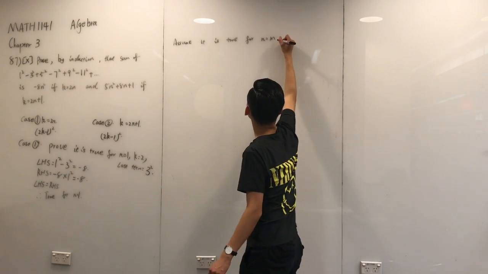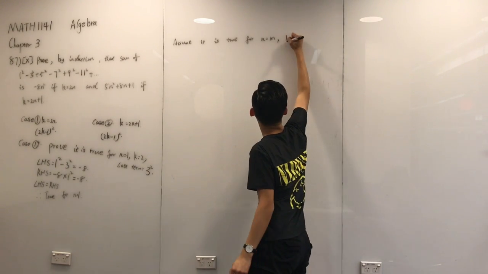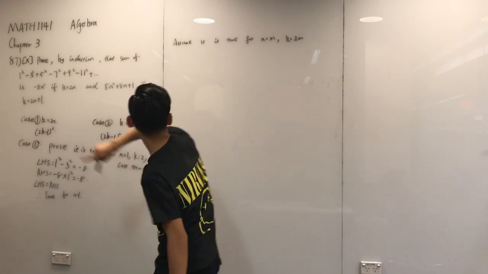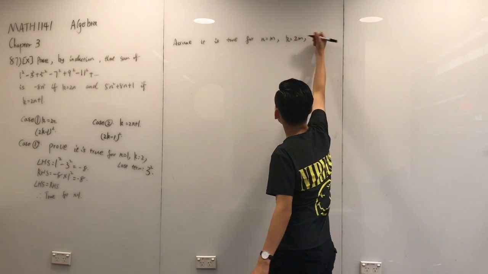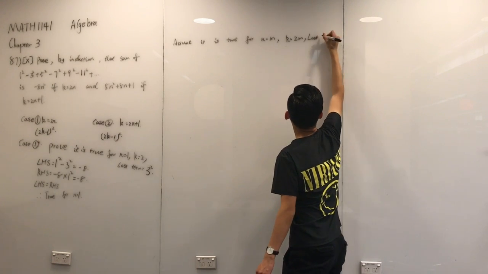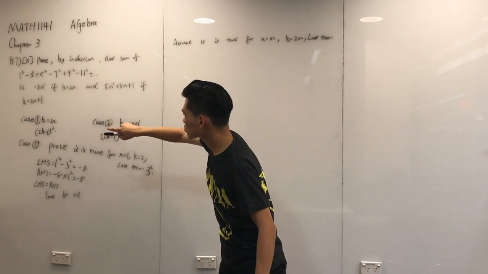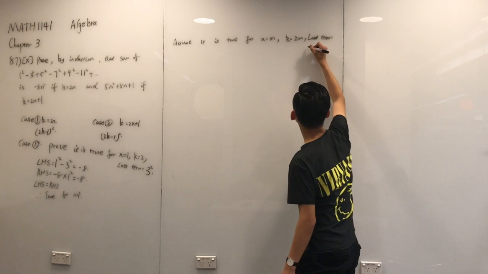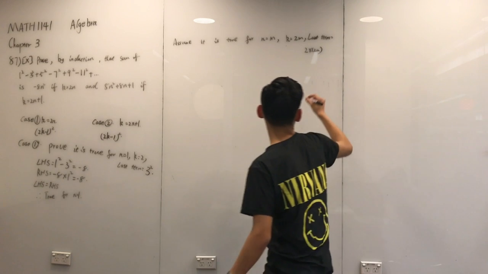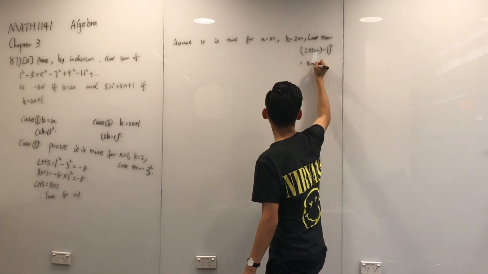So we choose m, which means k equals 2m. So k will be 2m, and the last term will be 2 multiplied by 2m, right? And then minus 1 squared, which will be 4m minus 1 squared, right?